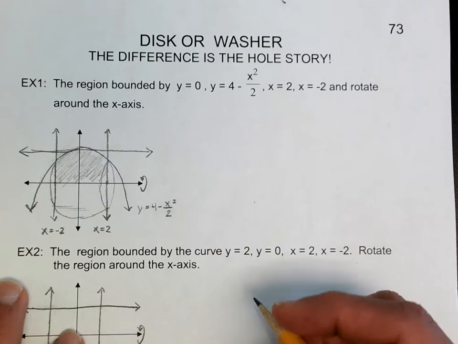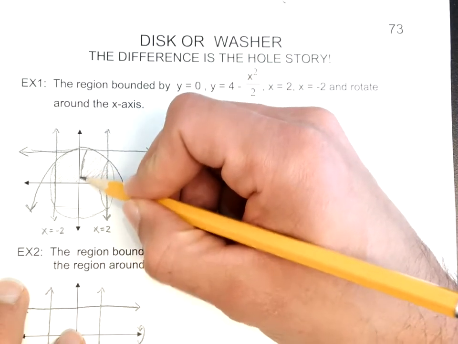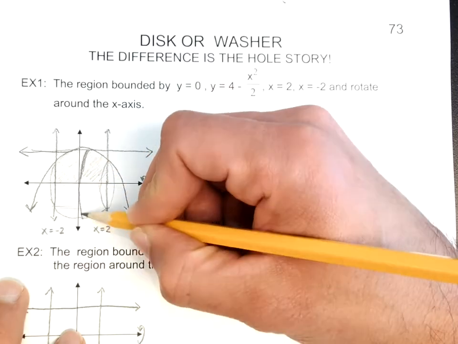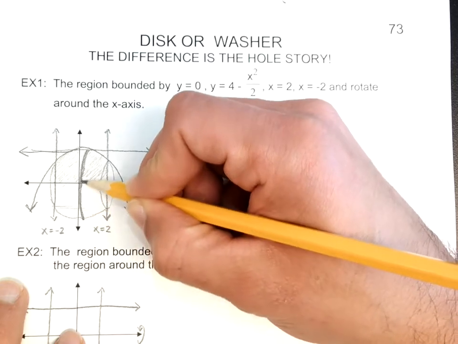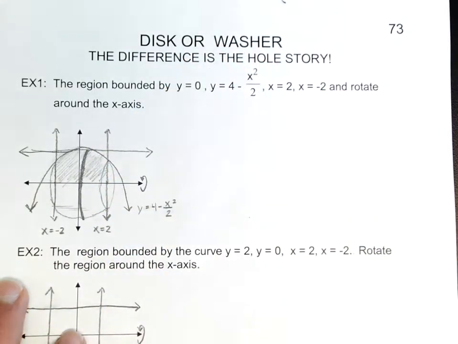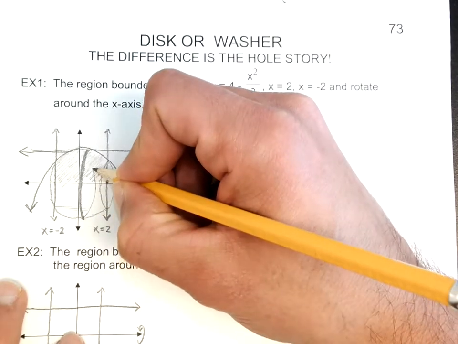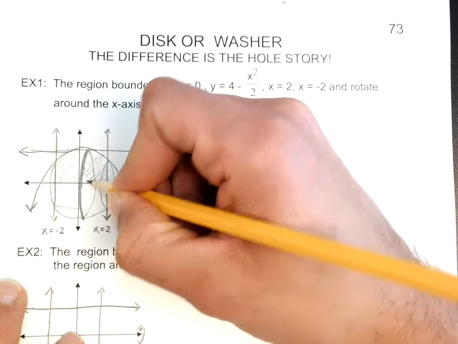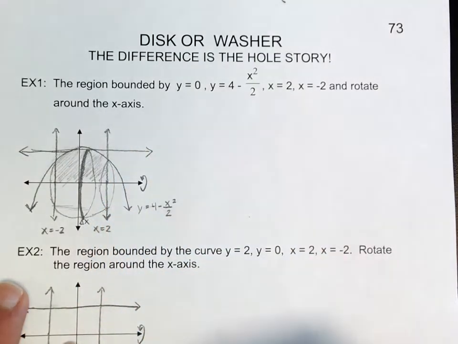So if you rotate it like that, remember that we want to know the volume of one disk. The thickness of that disk would be what we call delta x, and I hope you can see that. I wrote it really small.